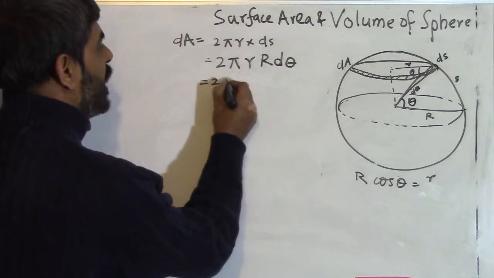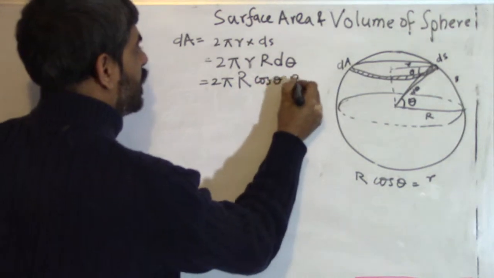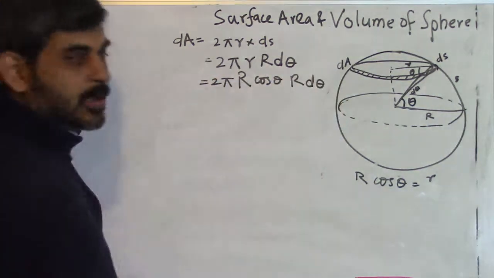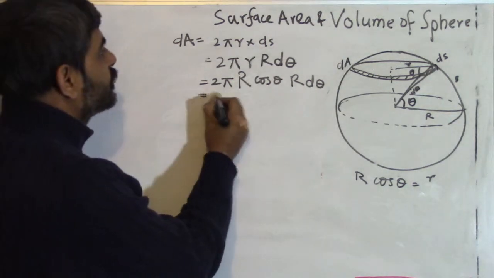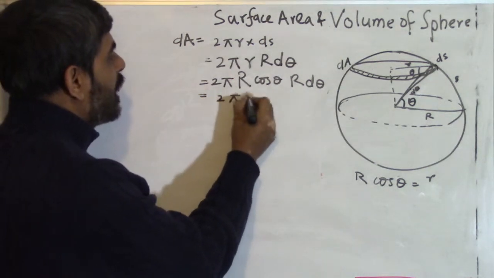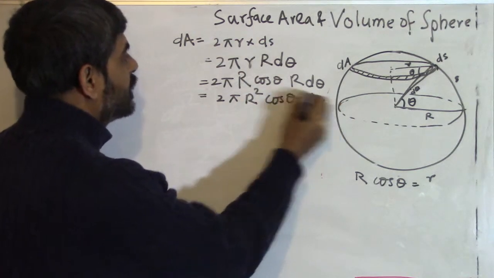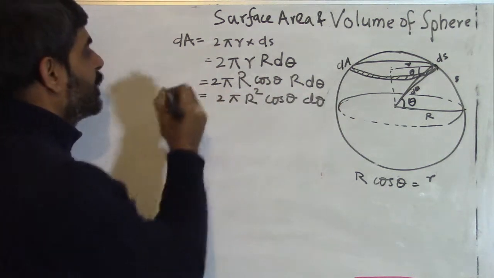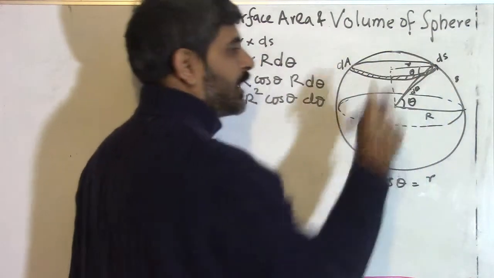This becomes 2 pi into capital R cos theta into R d theta. So this becomes 2 pi R square cos theta d theta. This is our dA. The dA is this small area.